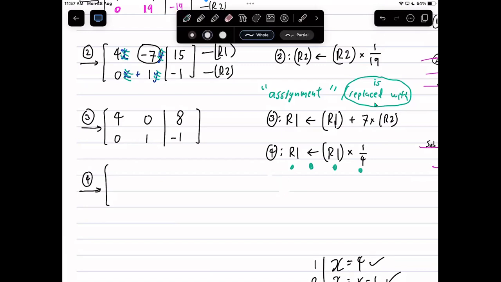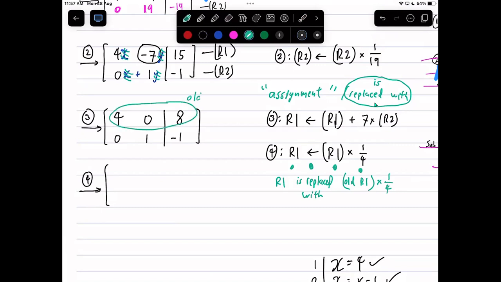I should say row 1 is replaced with the old row 1 but times 1/4. So here is the old row 1. You times 1/4 to it, what do you get? As an intermediate working, you end up with 1 here, 0 here, and 8 divided by 4, you get 2 here.